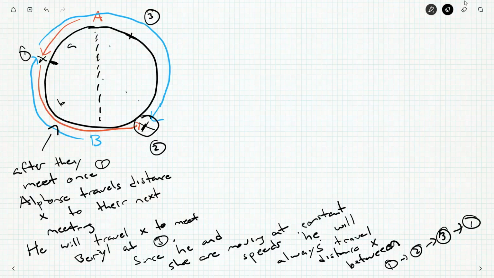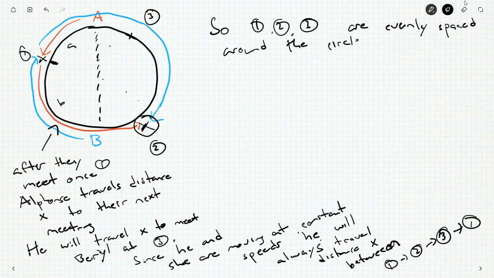And then he'll go to 2, and then to 3. So 1, 2, and 3, their meeting places are evenly spaced around the circle. So they each have distance x between them. Right? He doesn't travel x the first time because he's not starting at their meeting point, but it's x from 3 to 1. So 3x is the circumference.